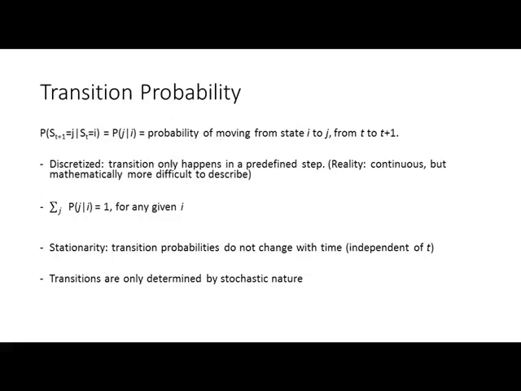So as I said, the first observation we can make is that the transition probability is discretized. And the second observation we should make is for any given state i. If you start from state i, then the total of transition probabilities from i to j should be 1.